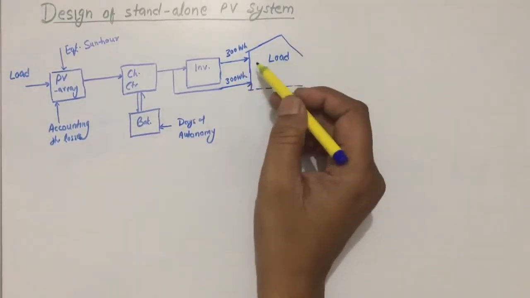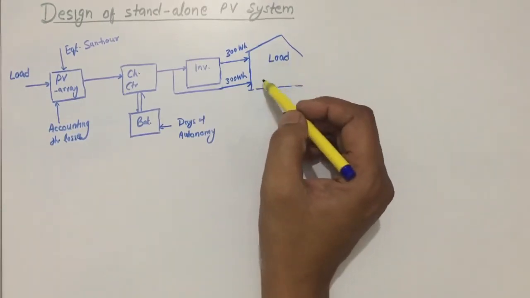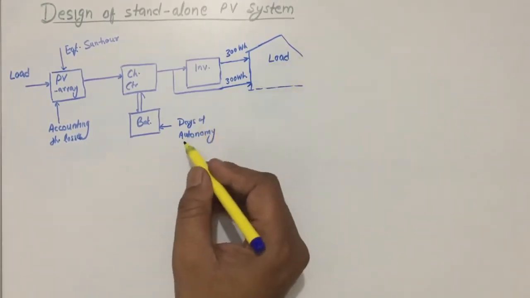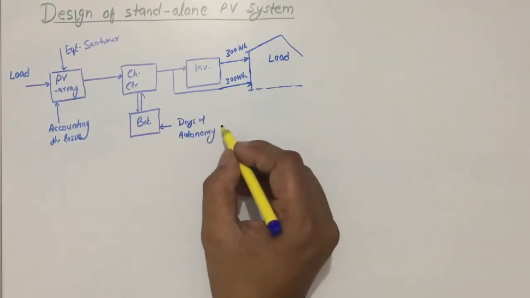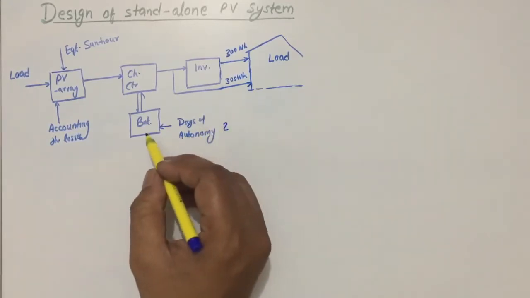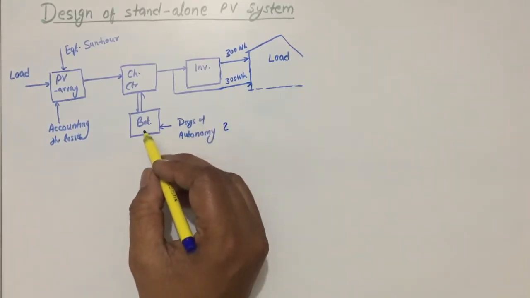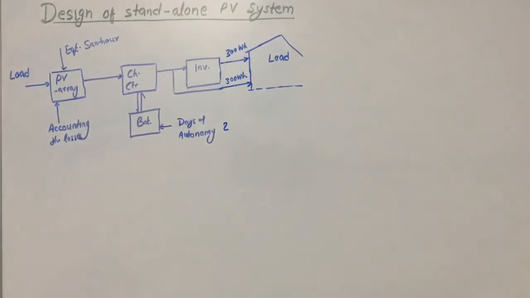And with this load, the system requirement is that it can operate for 2 days without the solar power. So days of autonomy is 2. This is the factor that decides the battery, and the load decides the number of panels.